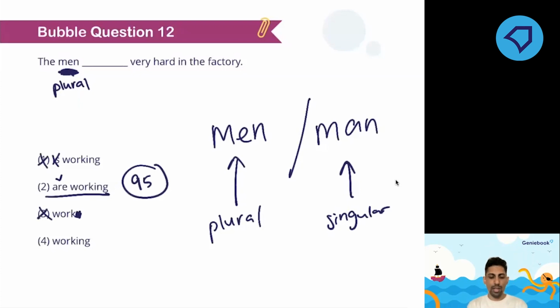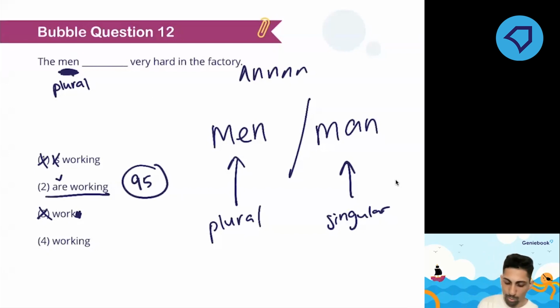How about number 4? The men working very hard in the factory. It's missing something. If you have this sentence, then you are expecting something else. Let me explain. The men working very hard in the factory are from my father's company.